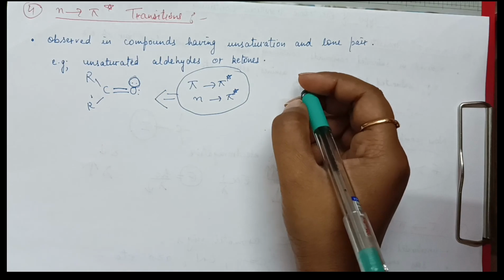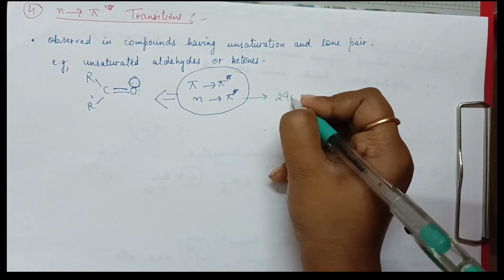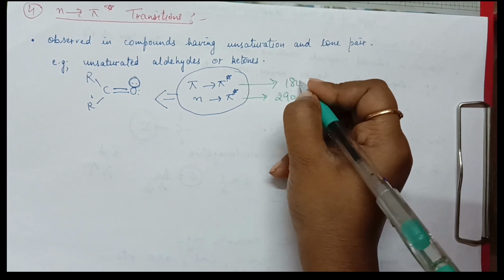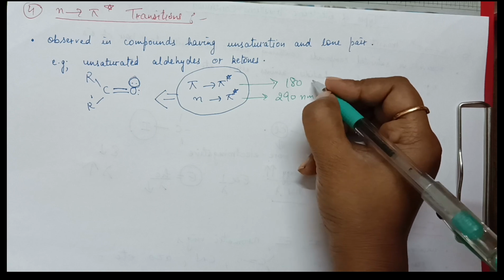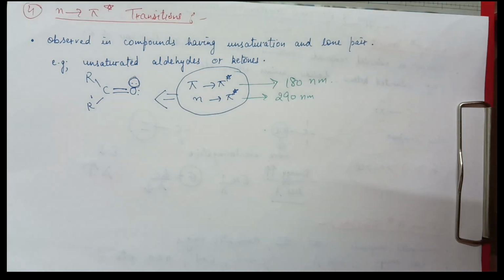Also in such compound, n to pi star transition is nearly at 290 millimicron or nanometer, and pi to pi star is at around 180 millimicron or nanometer. So very less amount of energy is required for their transition.